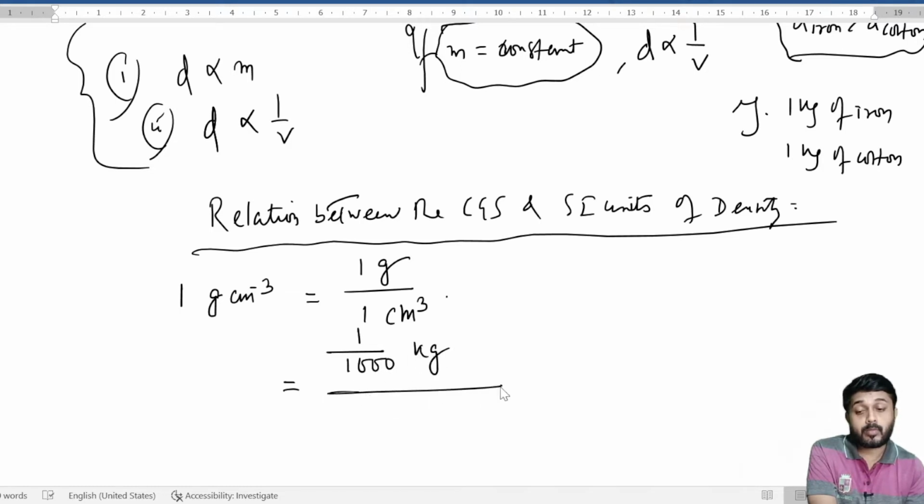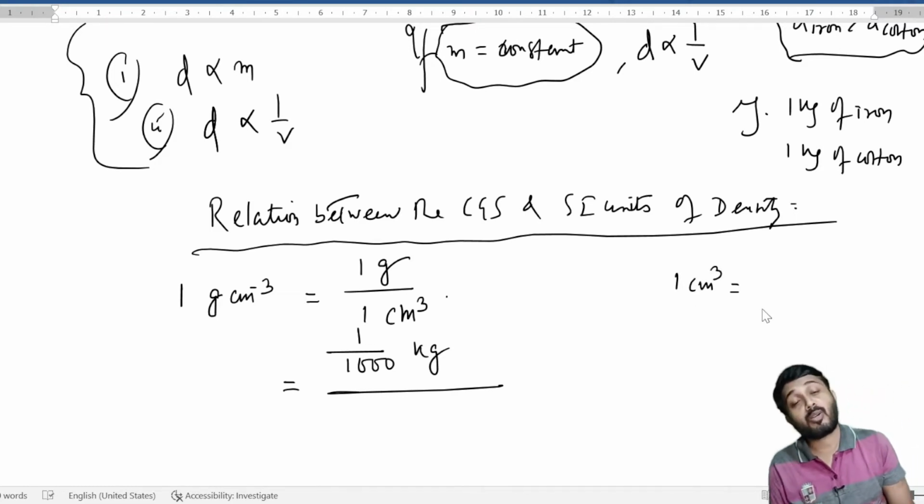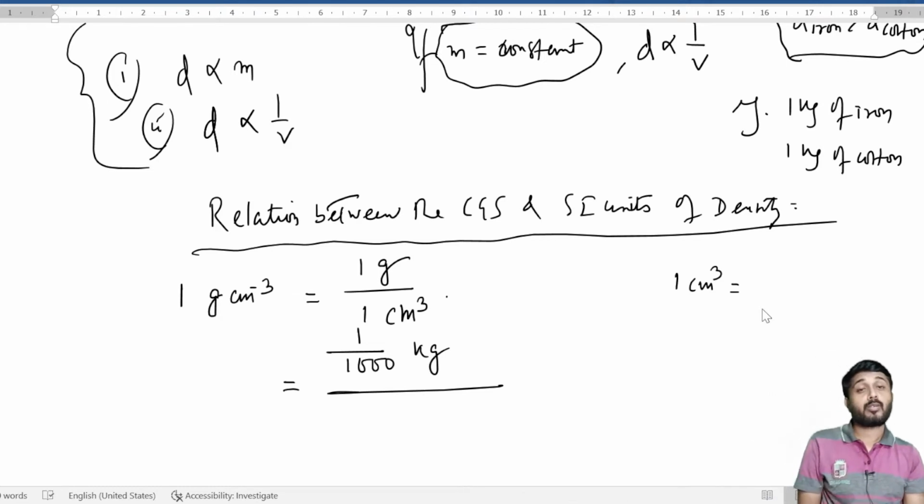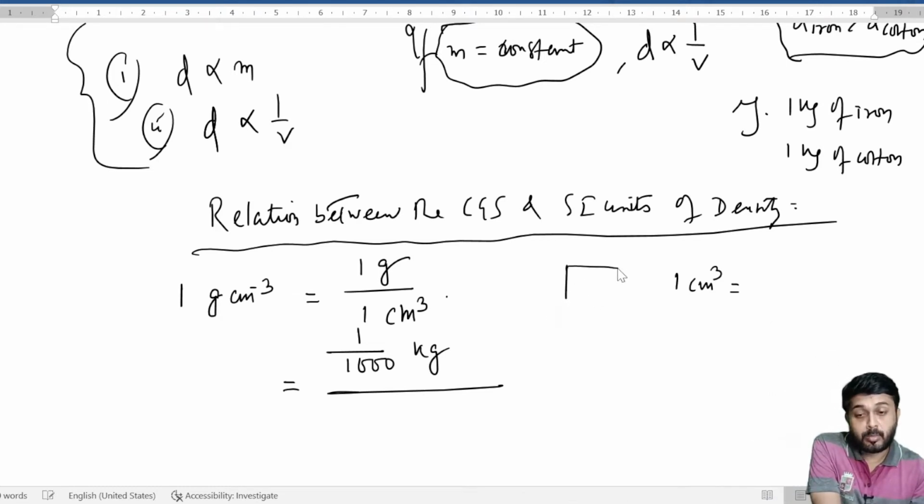Okay, it is 1 centimeter cube. Remember, 1 centimeter cube is actually the volume of a cube whose each side is 1 centimeter.